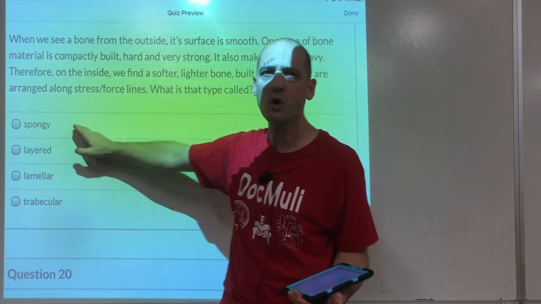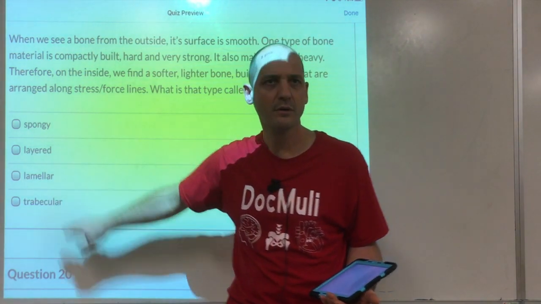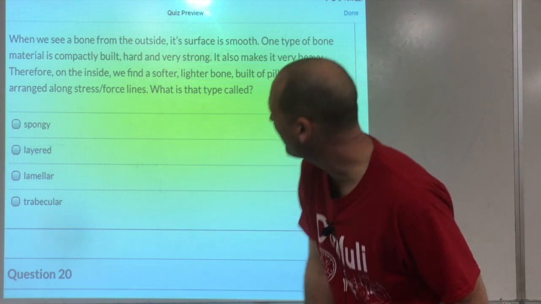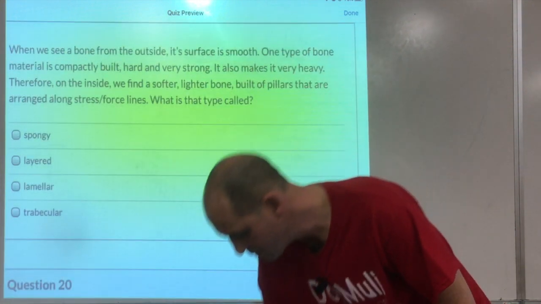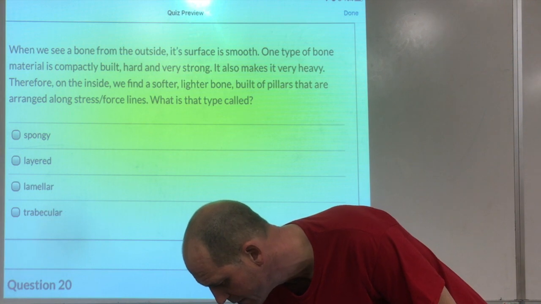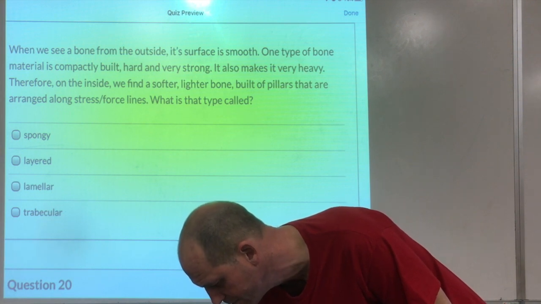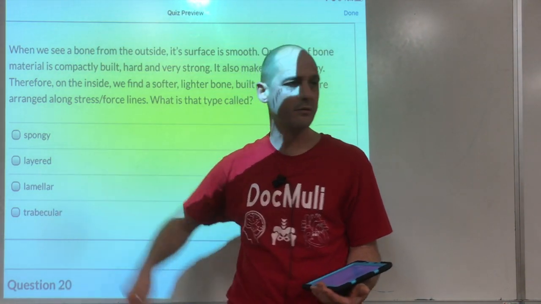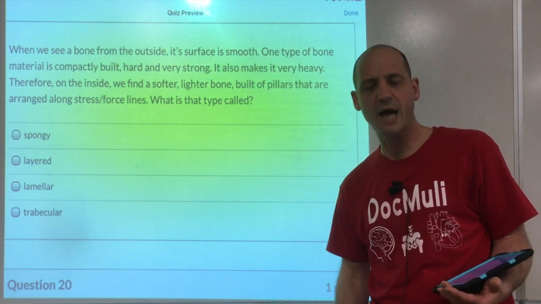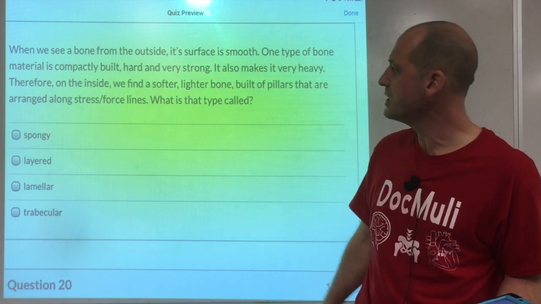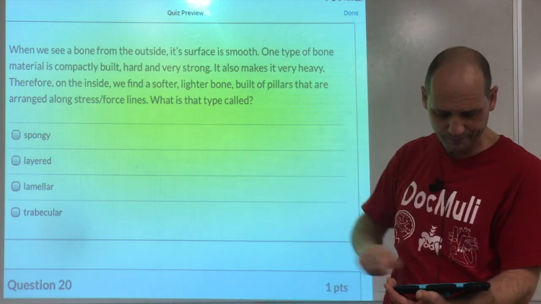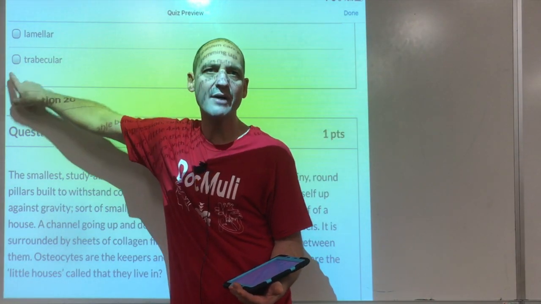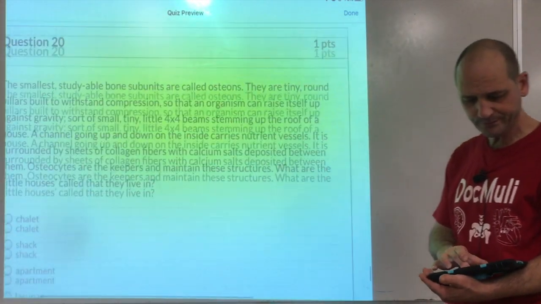You know, I should have said choose all that apply. If you don't get this right, it might be that both are wrong. I didn't say choose all that apply, so double check on that. What number is that? The first time I did spongy, and the second time I did bone. Well, it was only two answers you got, right? Yeah, it's only those. Layered is not; lamellar is the other one. So that's the only two types. But I didn't say choose two. When it's like this, you know it's all that apply. When it's round, it's just the one multiple choice.